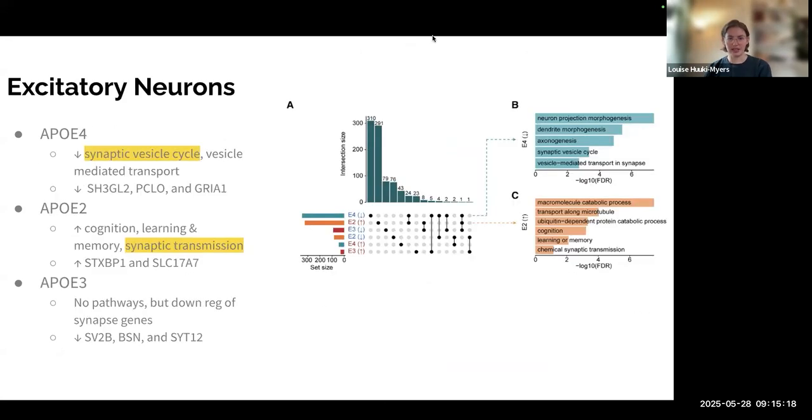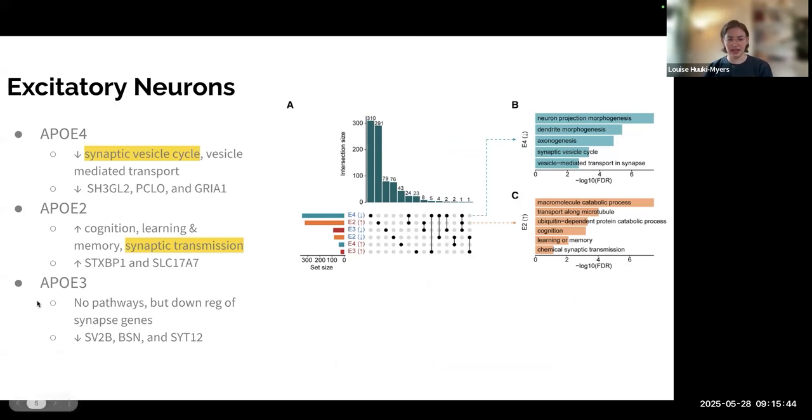Yeah, so for the excitatory neurons, again, zooming in, we see an ApoE4 downregulation of synaptic vesicle cycle, other vesicle-mediated transports, and some of these genes involved in that. For ApoE2, we see the opposite, where we see an upregulation of synaptic transmission. So they pull this out as a contrast between the two genotypes here.